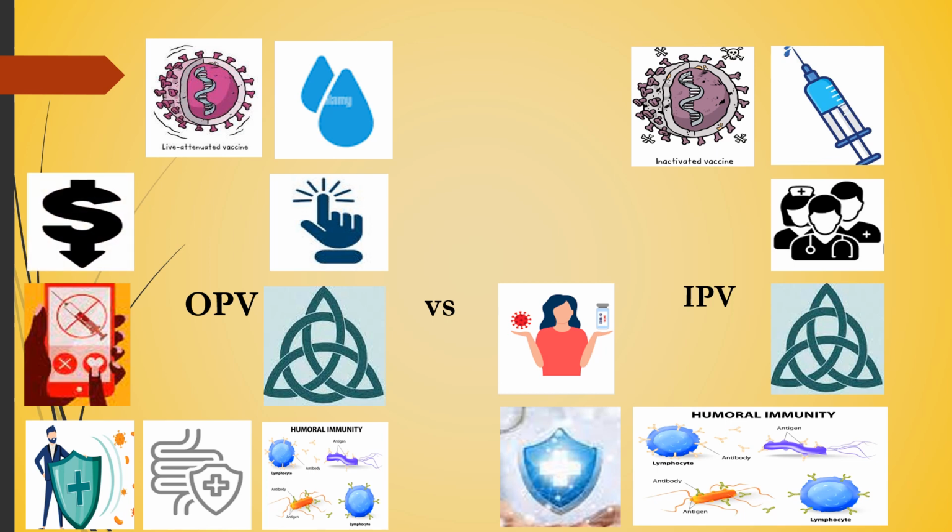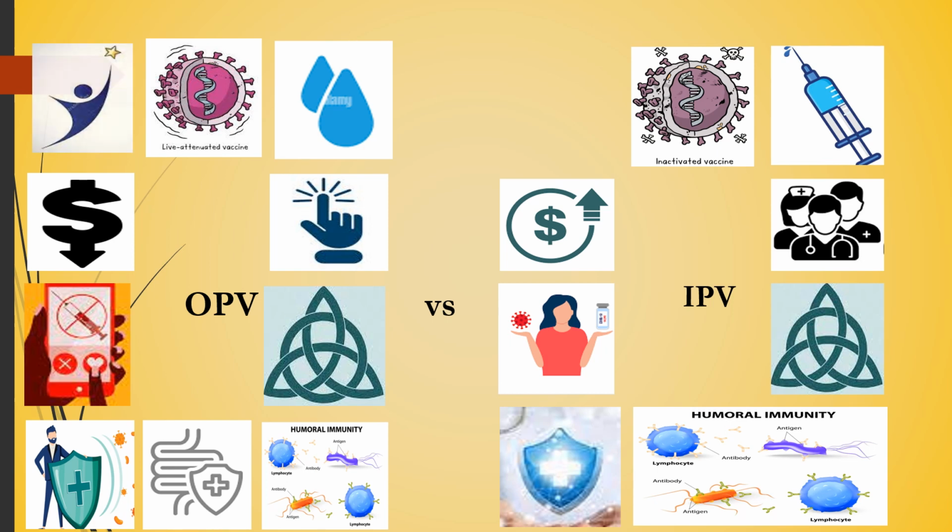Oral polio vaccine is inexpensive. Injectable polio vaccine is more expensive than oral polio vaccine. OPV is highly successful in reducing transmission in developing countries as part of the eradication strategy, and injectable polio vaccine is highly effective and safe, and is more commonly used in developed countries.